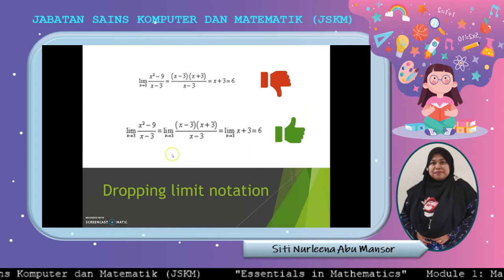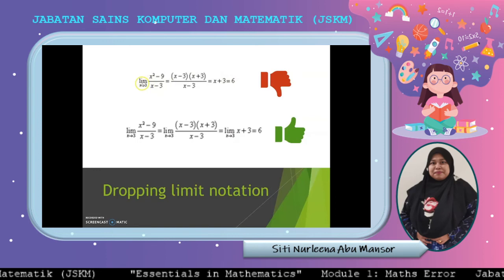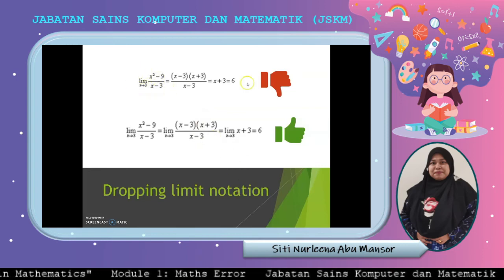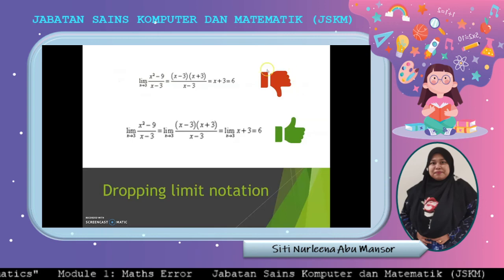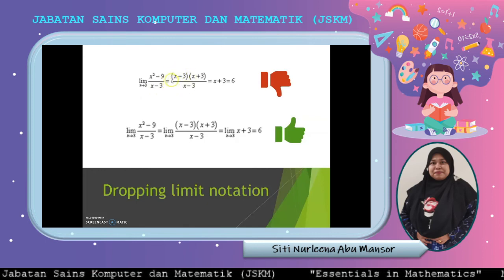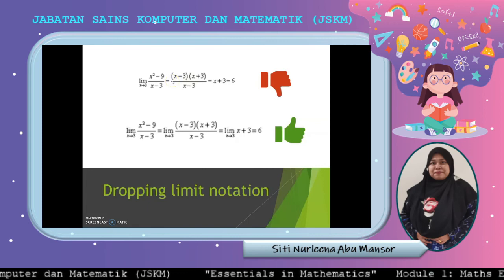Dropping limit notation. This one is for questions involving limits, and it is just a notation error. What students usually do wrong in answering a limit question is that they drop the limit notation during their operation of solving the limits.